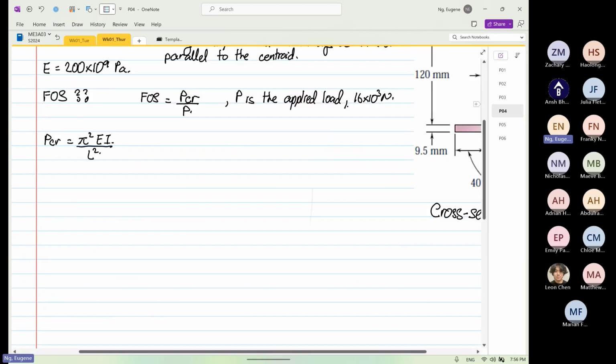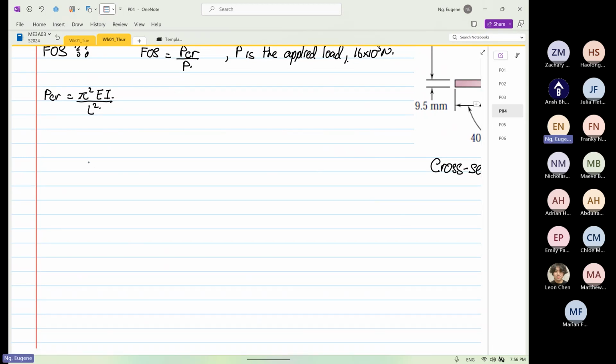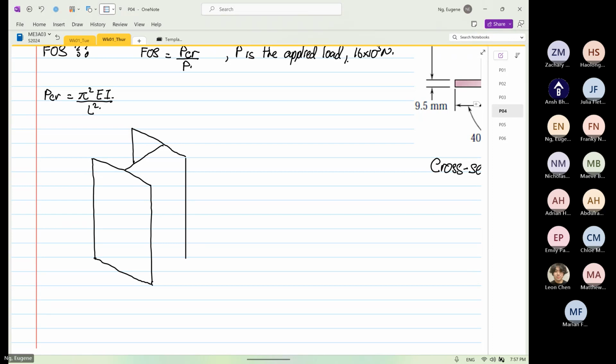So I'm going to sketch for you how this looks in 3D. Okay, so this is how the structure will look.